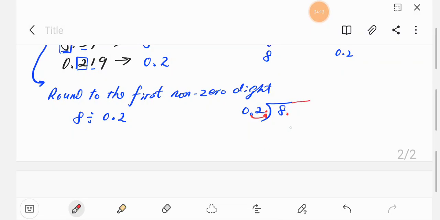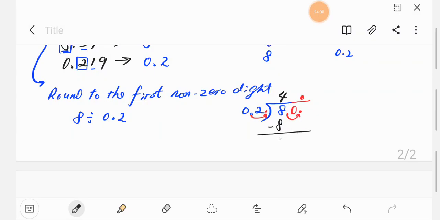Then 8 is 8.0, right? So move this decimal point one place to the right. And then put the decimal point in the quotient just above this point. And then divide 80 by 2, right? So 8 divided by 2 is 4. Then 2 times 4 is 8.